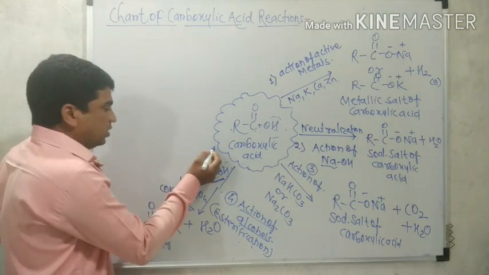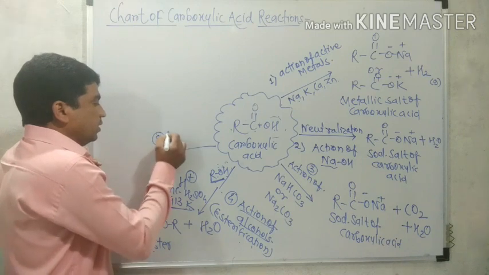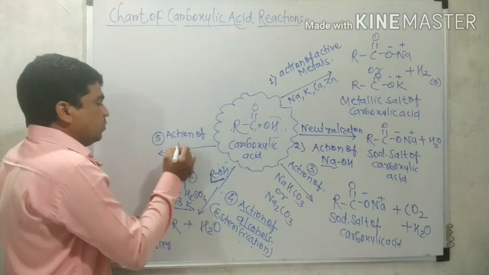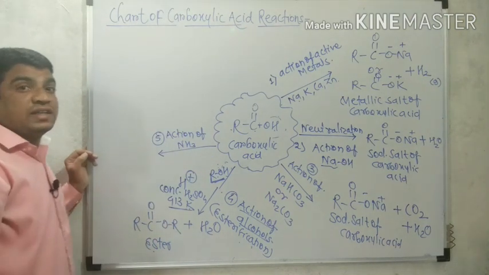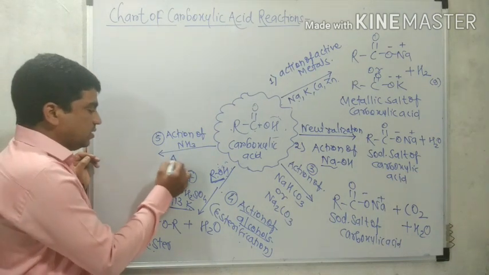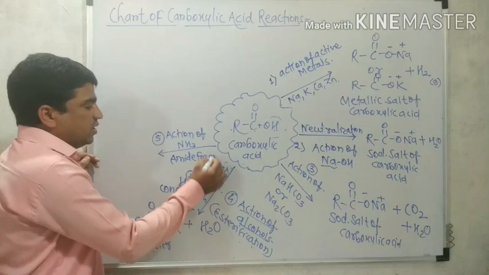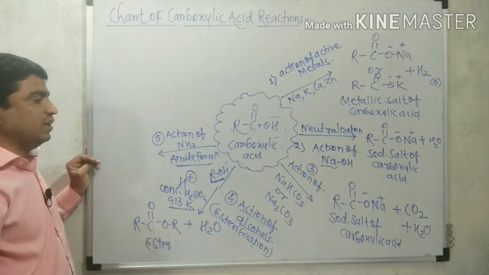Now, after the fourth reaction, reaction number 5, that is the action of ammonia, NH3. This reaction is called amide formation, because amide is formed as the product in this reaction.